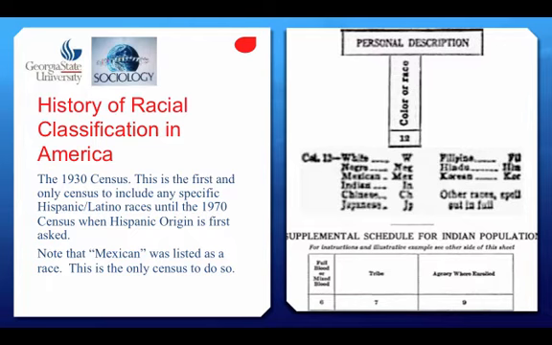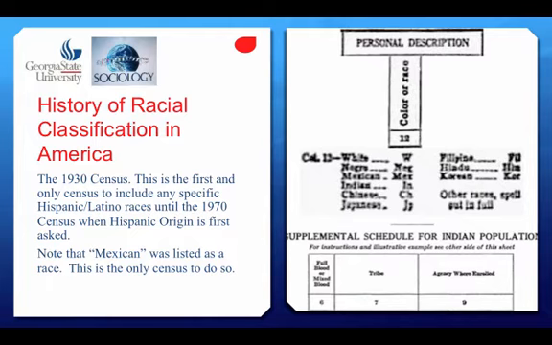So in future years, a person could identify as a white person who is of Mexican ethnicity, or a black person who is of Mexican ethnicity, for example. But in 1930, that was the only time that Mexicans were listed as a race.